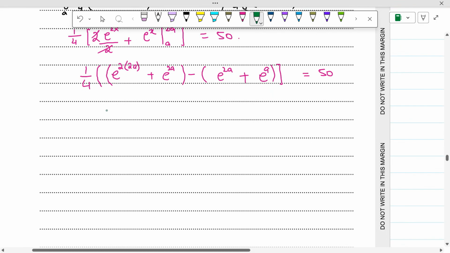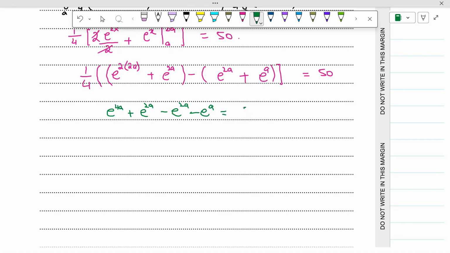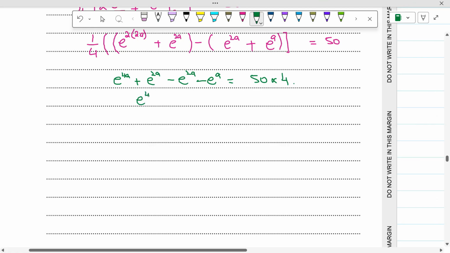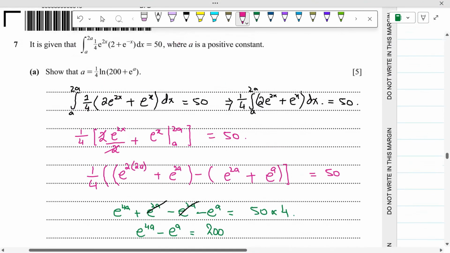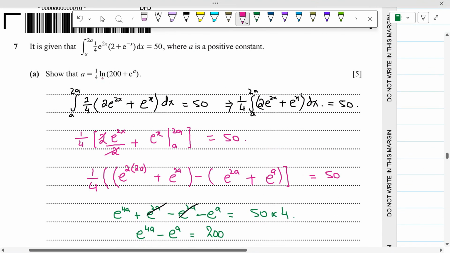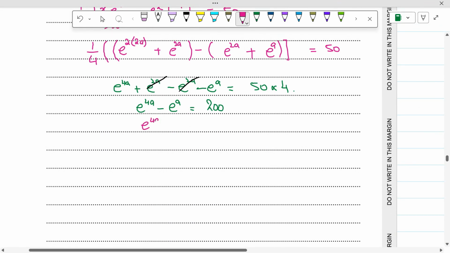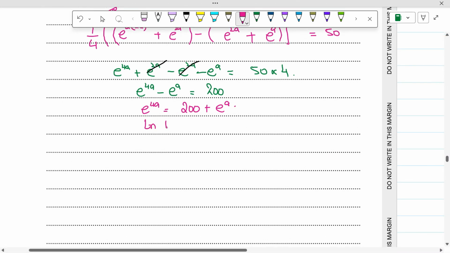Further solving, we will have e^(4a) plus e^(2a) minus e^(2a) minus e^a is equal to 50 times 4. So we will have e^(4a) minus e^a is equal to 200, because the e^(2a) terms cancel out. We need to prove that a is equal to 1 over 4 ln of (200 plus e^a). So we can write e^(4a) is equal to 200 plus e^a, taking ln on both sides.